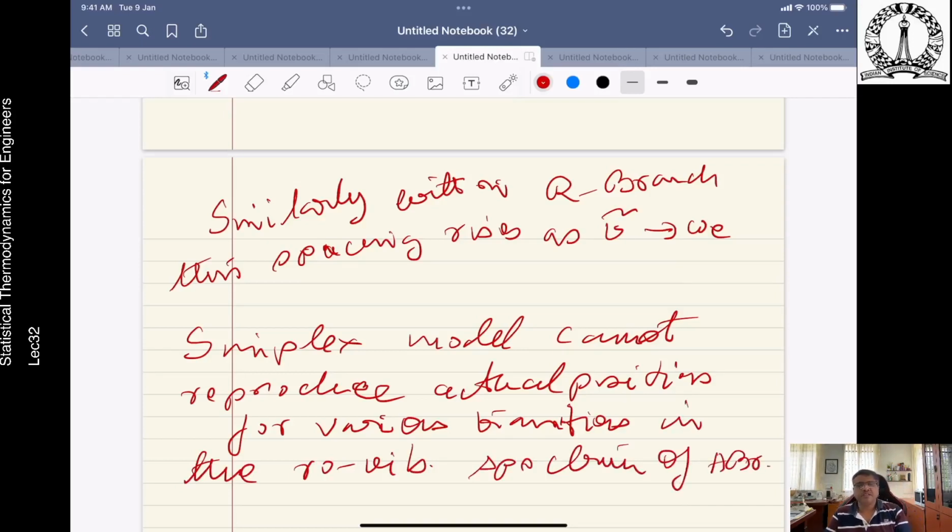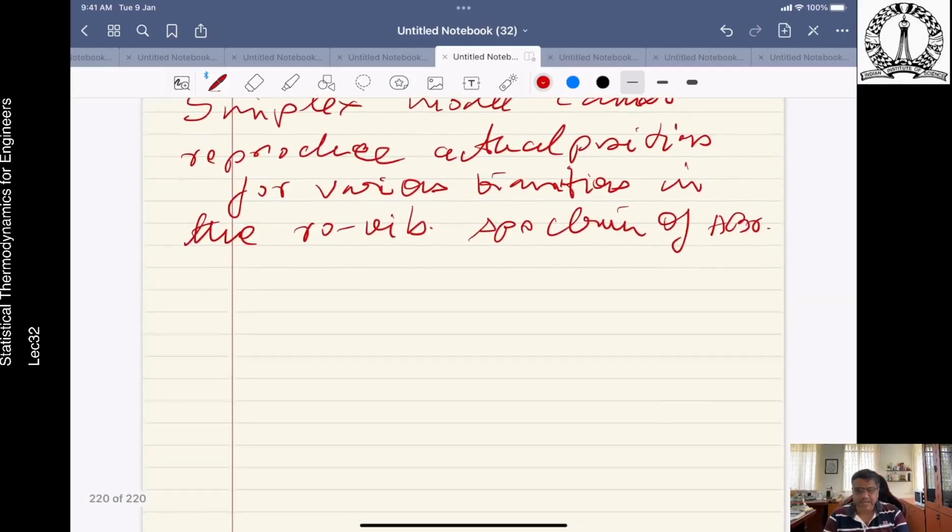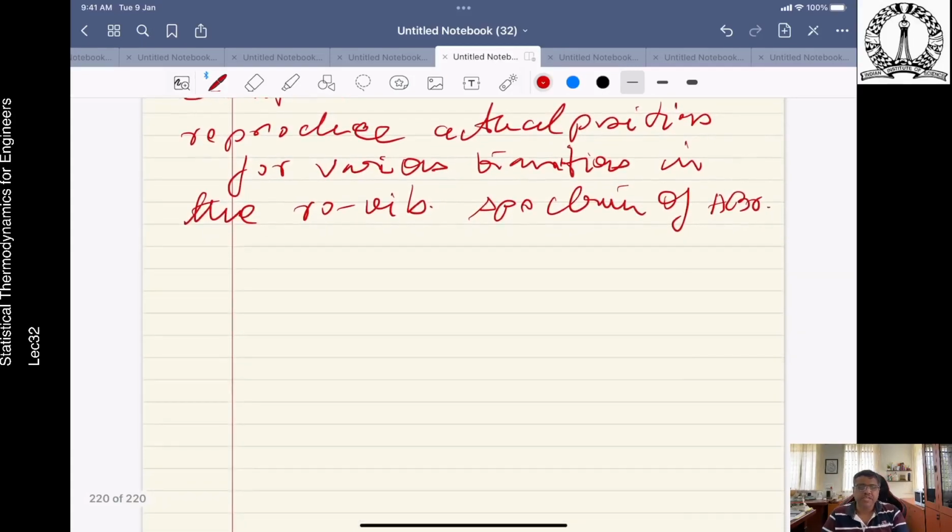So this result therefore states that the combined rigid rotor and harmonic oscillator model is not a good model. Given this outlook, we need a more realistic model.